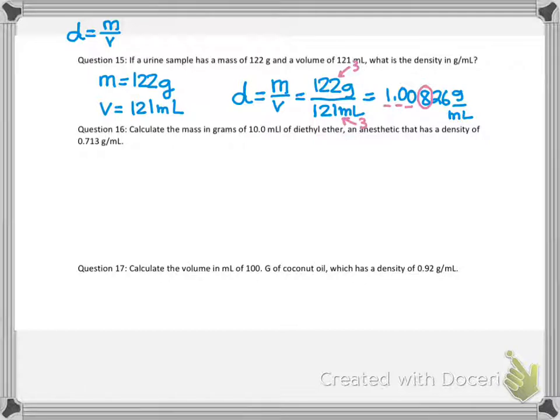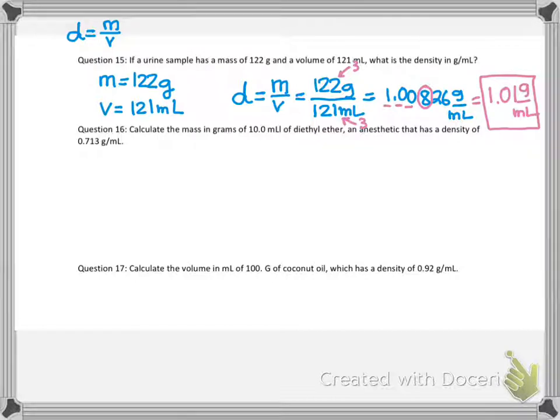Since that's greater than a 5, I'll have to round up my last number. So it's 1.01 grams per milliliter, and that would be the density of this urine. So when you're calculating density, you just plug them in and divide, then try to round to significant figures.